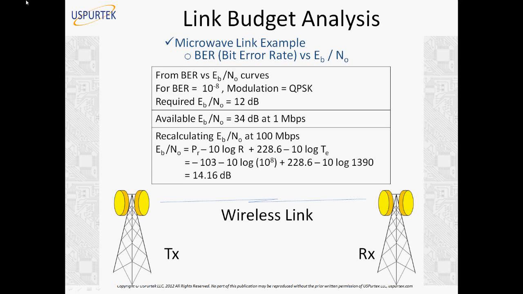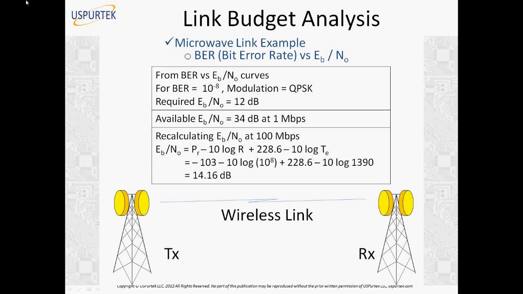So within these boundaries you have to design your link. You have to know what your digital modulation technique is and what your acceptable bit error rate is, and that will tell you your required Eb/N0, and you have to design your link around that requirement. So these factors come in when you are actually designing your link for a certain modulation technique and a certain acceptable bit error rate.